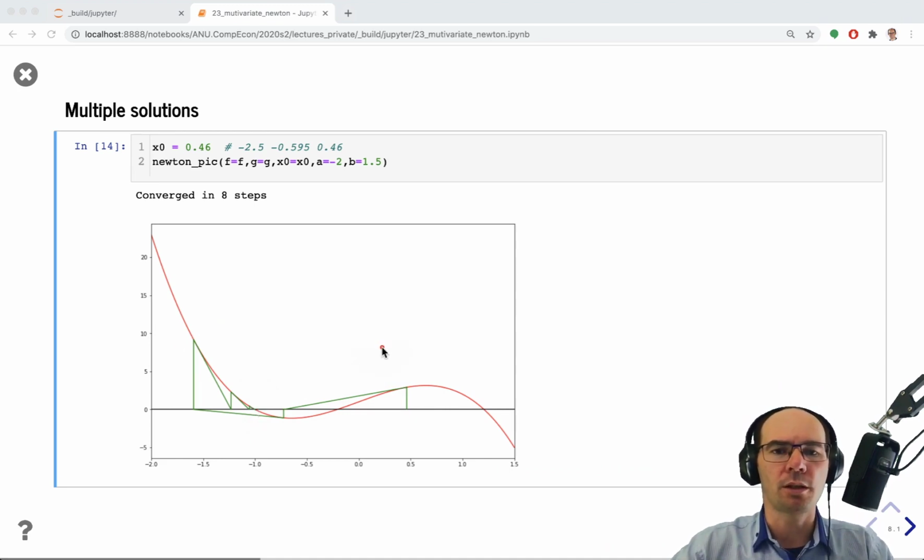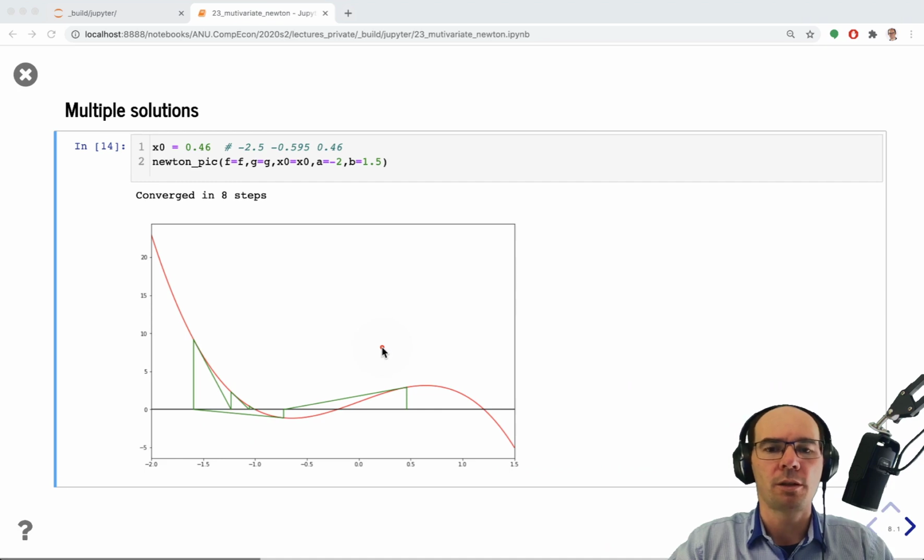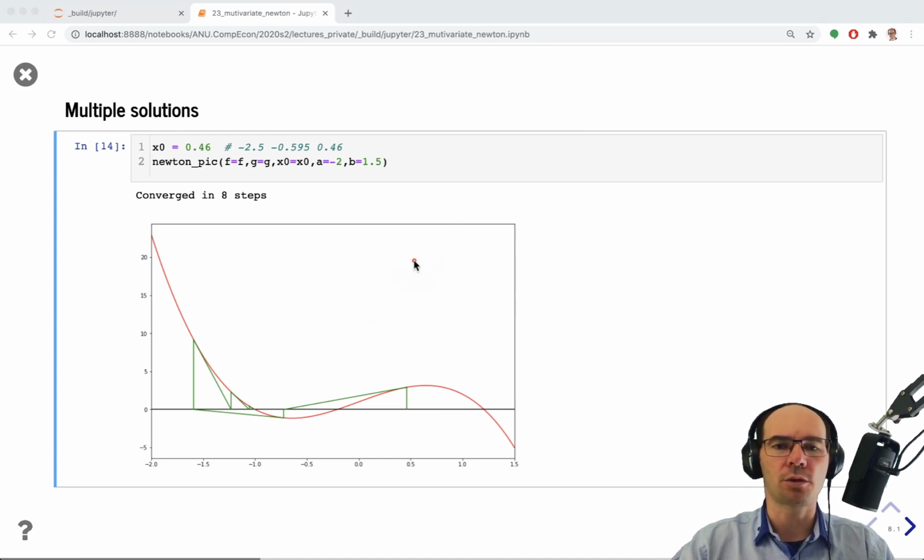The point here is that with multiple solutions, depending on where you start the Newton method, you will be finding different roots. And there's nothing really we can do about that. At least with Newton method, that's just the fact that it's hard to control and it can be very sensitive to small changes of the initial point.